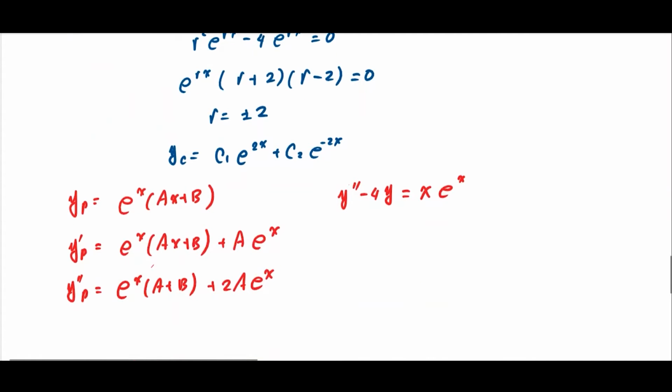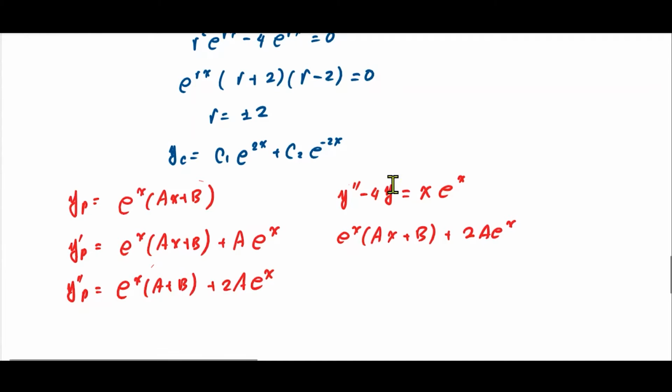So once I plug it in, y double prime goes in here. So we have e to the x. Why don't I distribute it now? It's okay. Ax, I think we have enough algebra skills to do this. 2a e to the x, and then the second part, e to the x (ax plus b). I'm going to put them here.